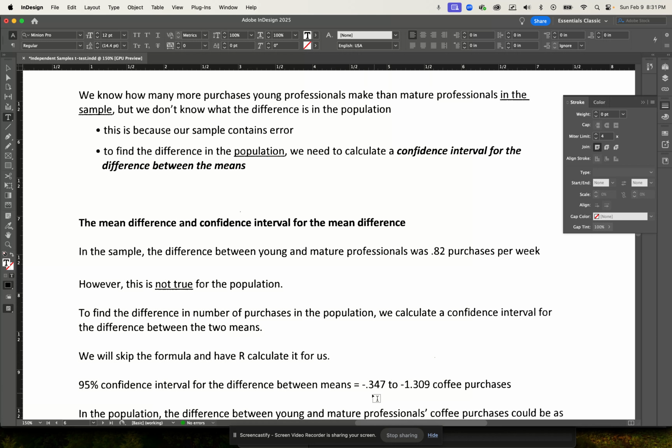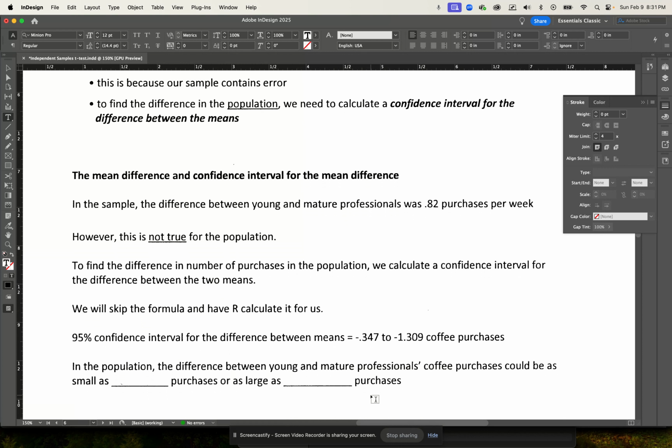Well, it's minus 0.347 to minus 1.309. But remember, right, the positive, negative, that's arbitrary because it depends on what we consider the first group and the second group. So we can say that the difference is 0.347 to 1.309 coffee purchases.